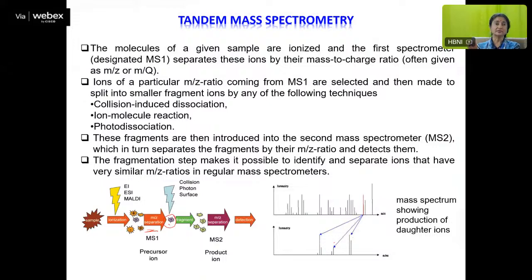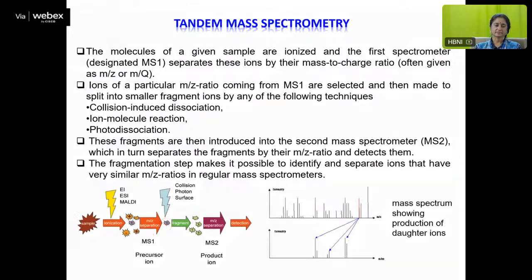Either you can use collision-induced dissociation, or ion molecule interaction, or photodissociation. Now these fragments are then introduced into the second mass spectrometer, which in turn separates the fragments by their M by Z ratio. So that is what you can separate. If there is interference of 2 or 3 molecules coming together, they can be separated.